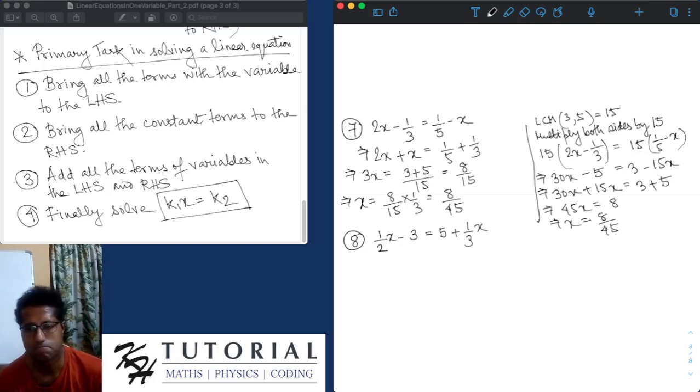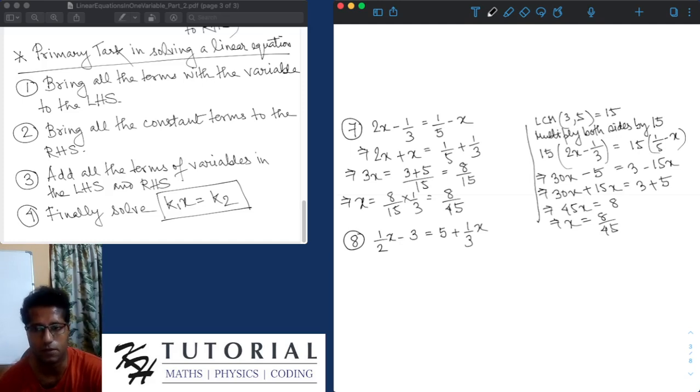The method on the left hand side is the straightforward method, where I bring all the variable terms to the left hand side and all the constant terms to the right hand side. Then I will add up whatever the coefficients of the variable terms be, whether integer or rational or fraction. In that case I might have to deal with addition and subtraction of fractions or decimals, and I have to be comfortable in that.